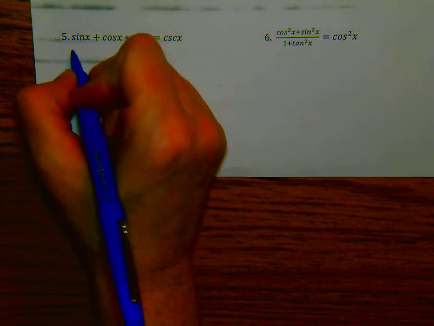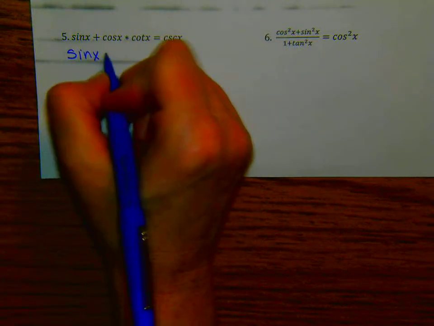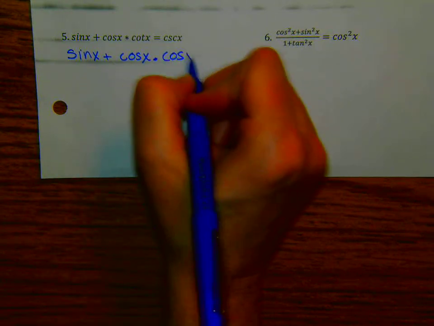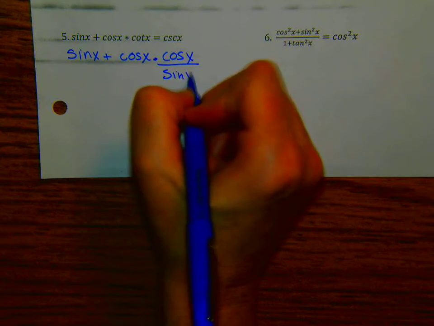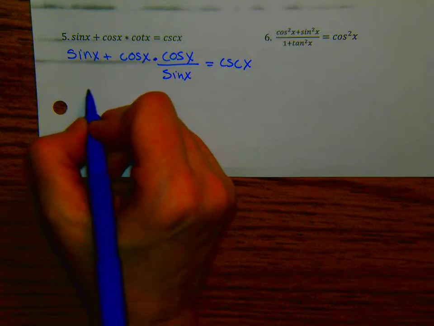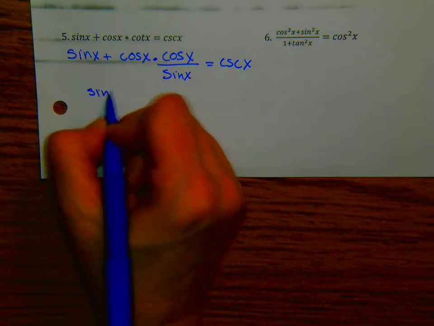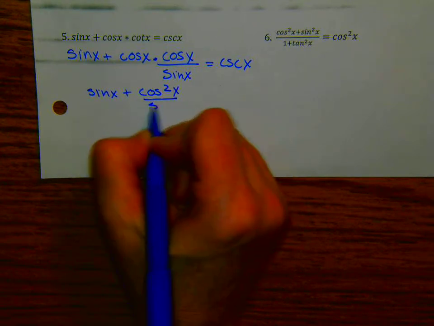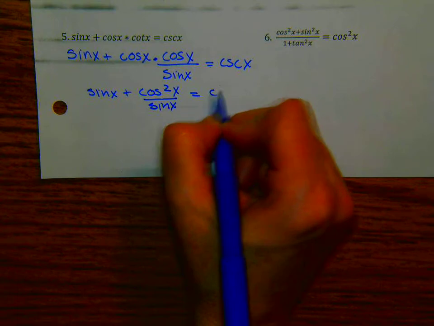Okay, looking at number 5. Again, it seems that the first strategy that would be appropriate would be to change everything to sine and cosine. So let's start there. The sine of x plus the cosine of x times the cosine of x over the sine of x is equal to the cosecant of x. So now I have the sine of x plus the cosine squared of x over the sine of x equals the cosecant of x.